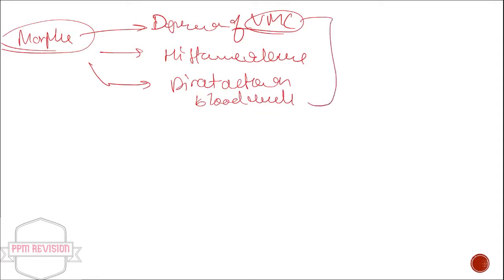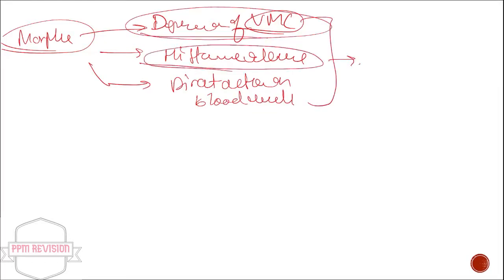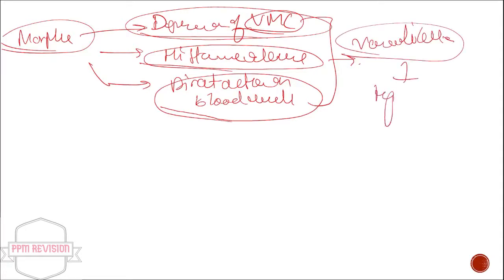Okay, and all these three, that is depression of the VMC, histamine release, and the direct action on blood vessels, can result in vasodilation, and this vasodilation results in hypotension. Okay, so that is done. And now quickly going through the adverse effects.